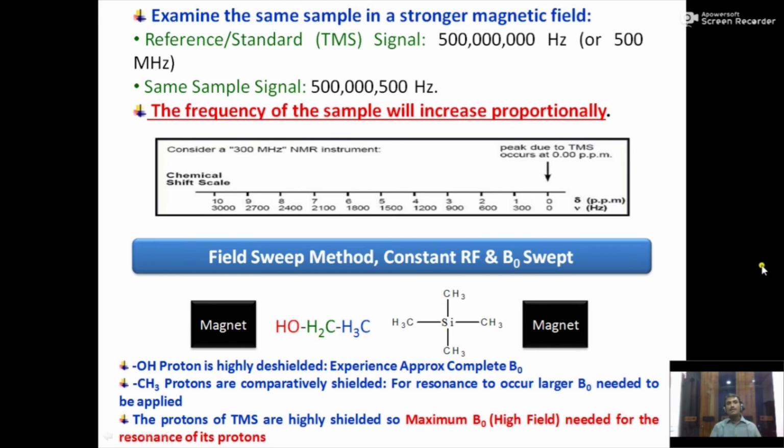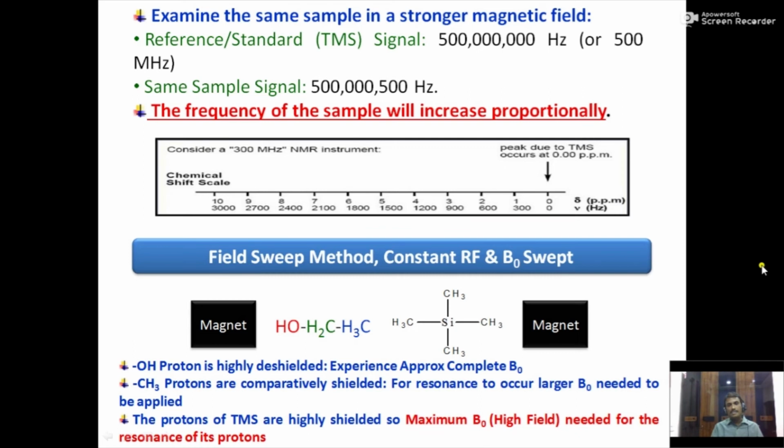So whenever you are using the field sweep method, the first signal will appear because of OH, the second signal because of CH2, then because of CH3, and at the last the signal will be because of the 12 equivalent protons of tetramethylsilane.